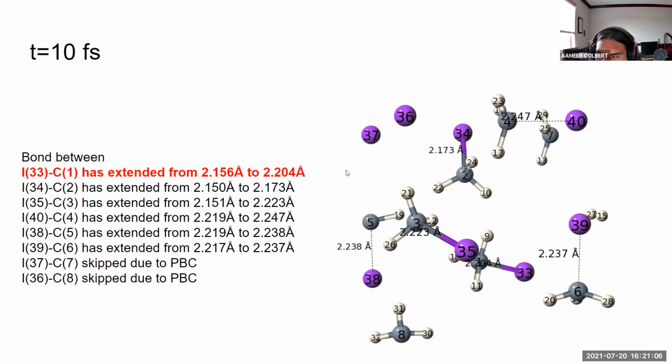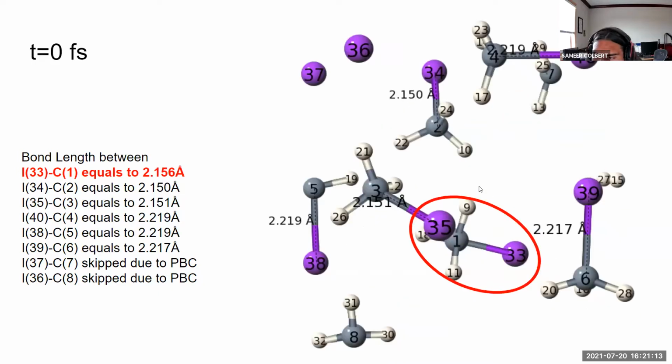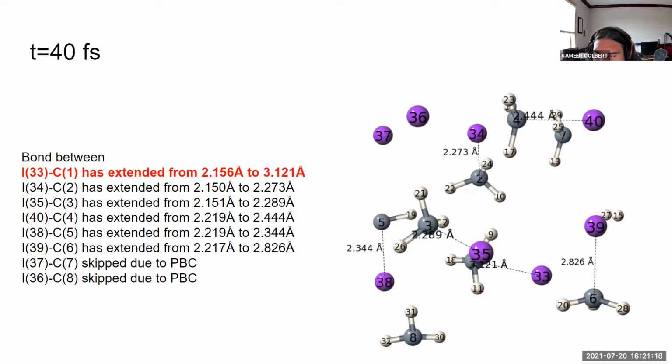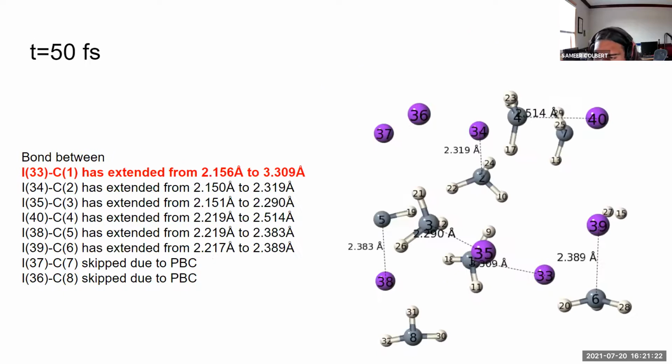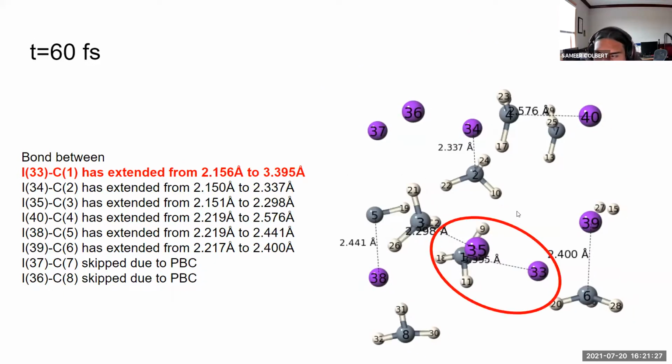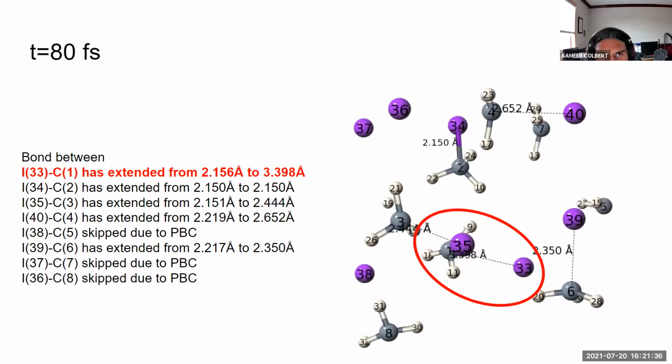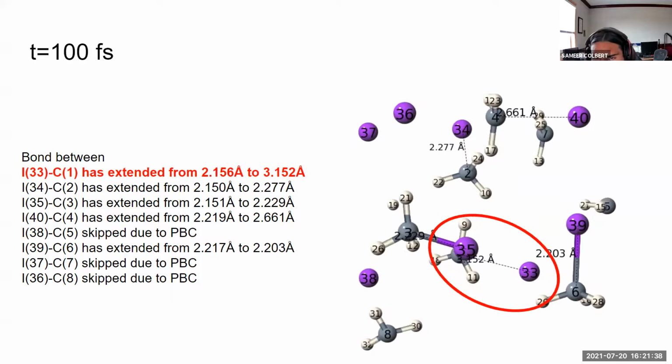But I would like to highlight this carbon-1 iodine 33 bond, because as we continue to excite it, the other ones move back and forth, yet this one continues to expand and basically completely dissociates from its methyl group. This is shown by it getting considerably bigger over time.